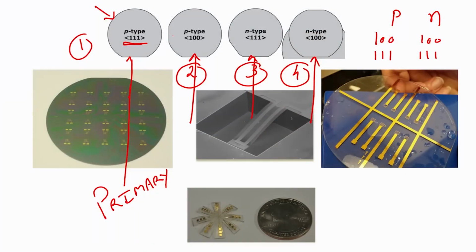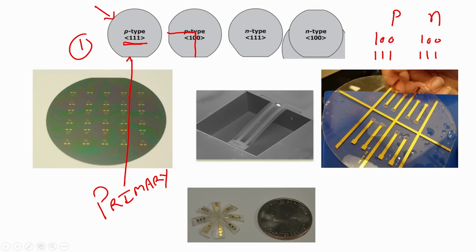So, if you have a secondary flat, as you see on the screen, at 90 degree to the primary flat. If I just delete this, you can easily see the secondary flat, which is this one. This is called the secondary flat.